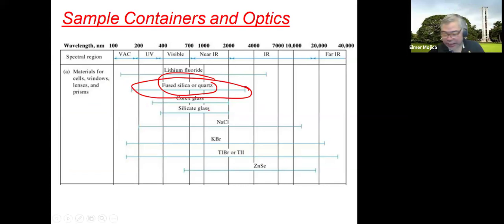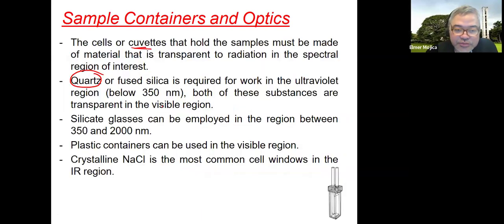Now, in addition to that, you also use the silicate glasses, but they're only applicable until the 300 region. They can be employed in the region between 350 and 2000 nanometers.